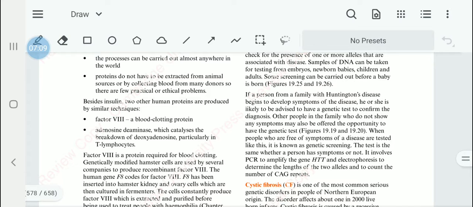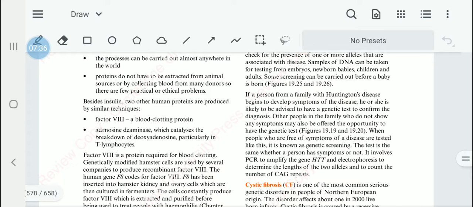Now, if there are people in a family who are suffering from Huntington's disease, others might not develop symptoms. If a person is having symptoms, that person would be asked to have a genetic test to confirm the diagnosis.